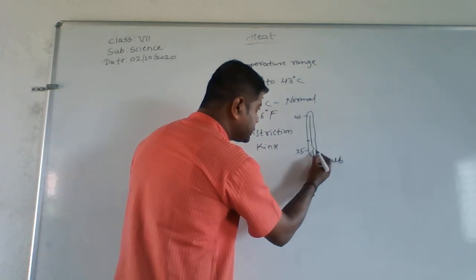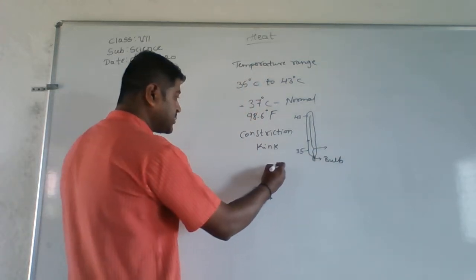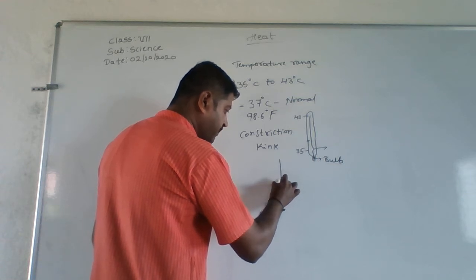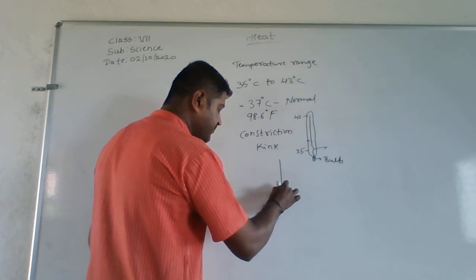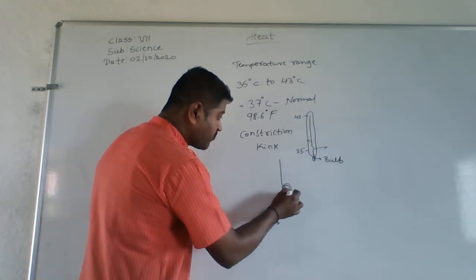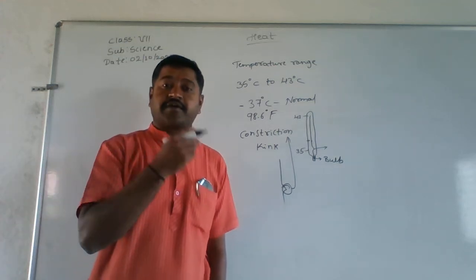Now, the bent portion you can see in the textbook: it comes like this, there is some bend, and then again it comes back to its straight position. For that we call it a constriction, or a kink.